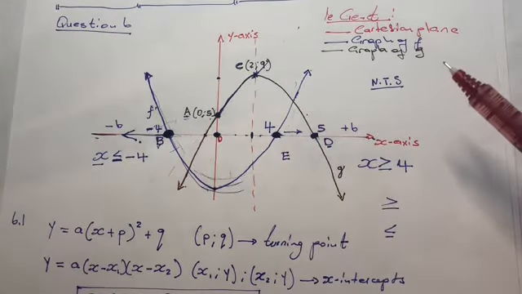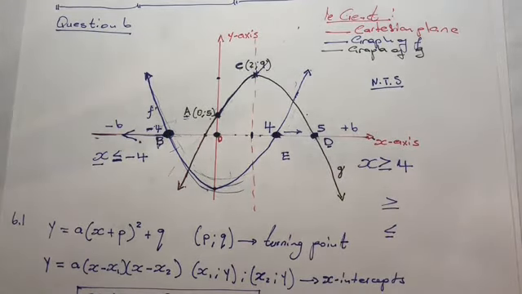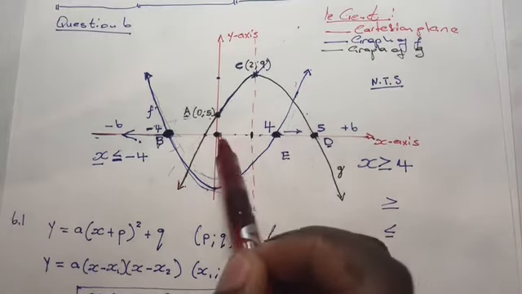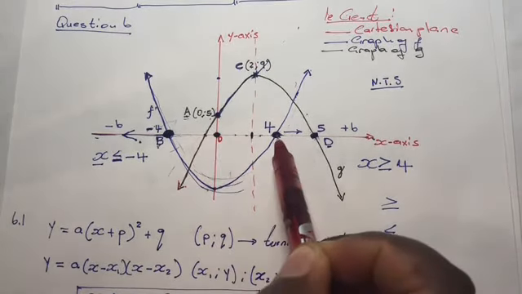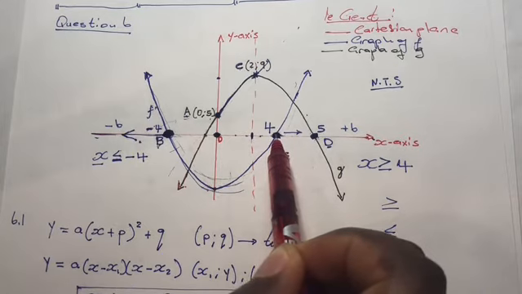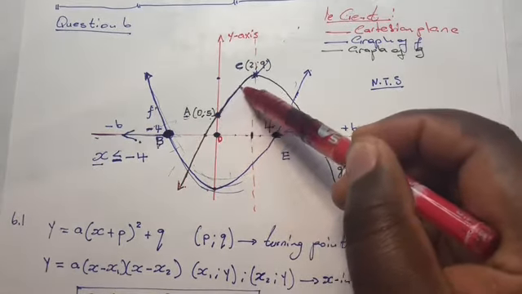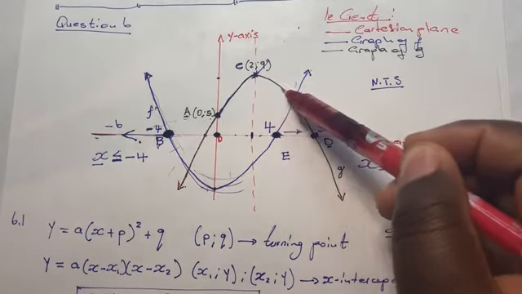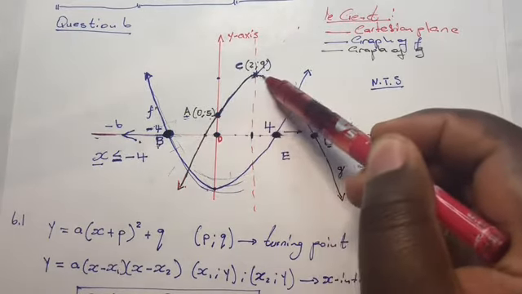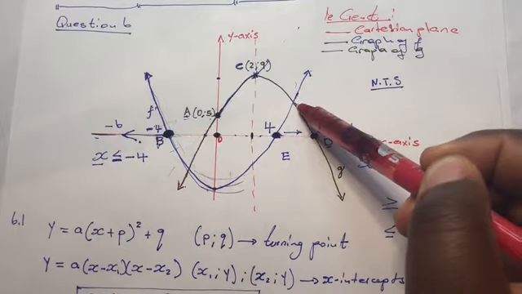So it doesn't work out. So let's check between 0 and that point, which is 4. Between those 2 points, you can see you've got this graph going up, and then now it comes down.